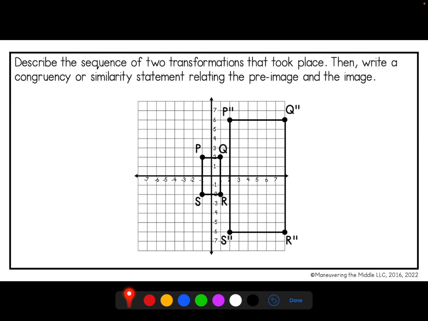This one was not a rigid transformation, right? Rectangle PQRS is much smaller than rectangle P double prime, Q double prime, R double prime, S double prime. I keep saying triangle. They're rectangles, aren't they? So what are we going to do here?